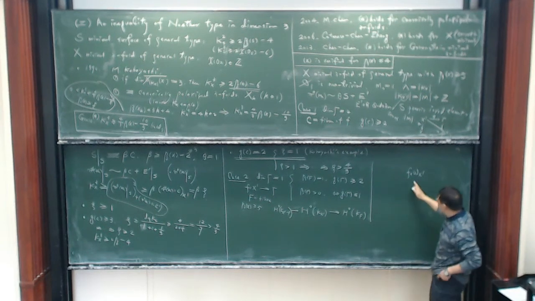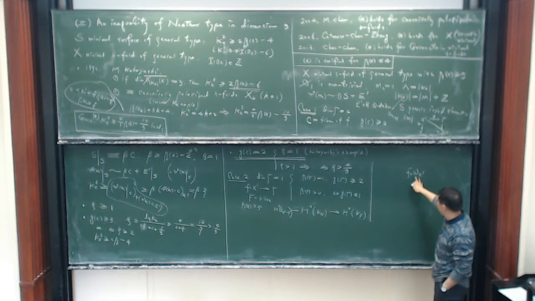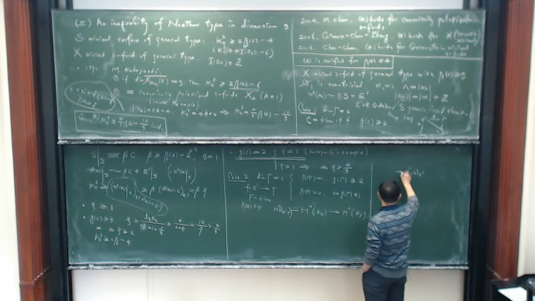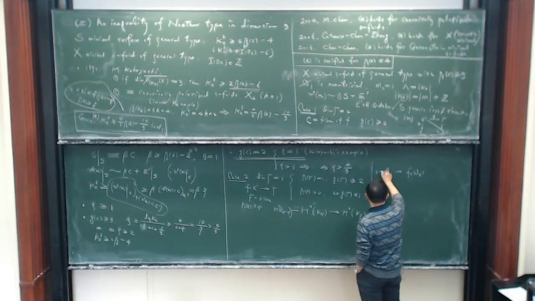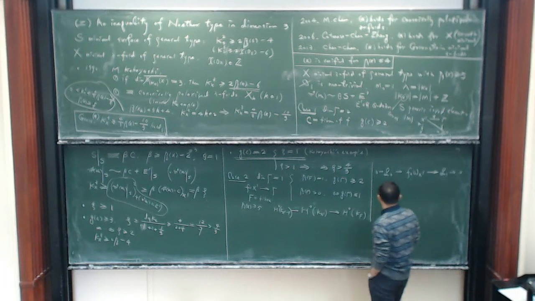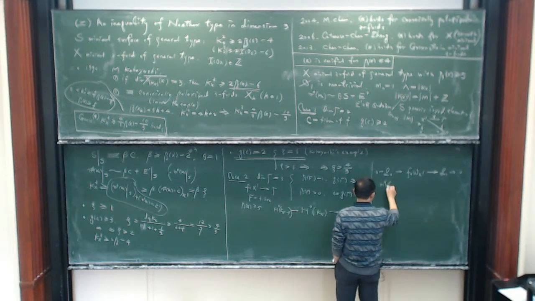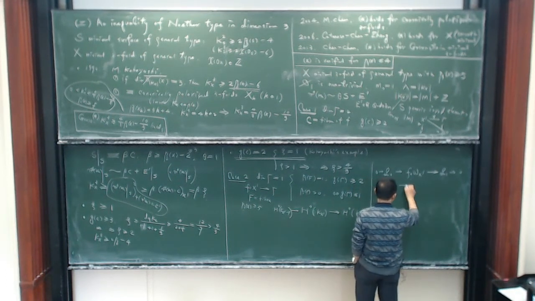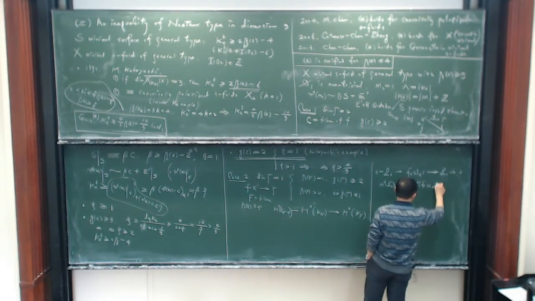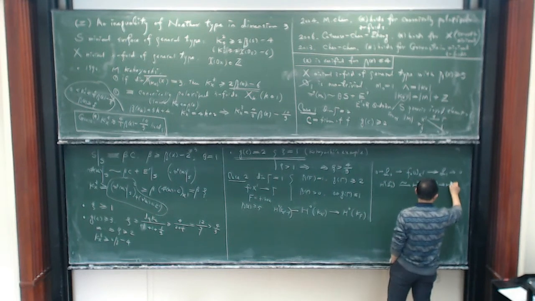You consider global sections. The global sections of this sheaf generate a sub line bundle because this is a pencil. So then you get a quotient here, and then you have H^0 of L_0. So this is isomorphic to H^0 of f lower star omega X prime to H^0 of L_1.